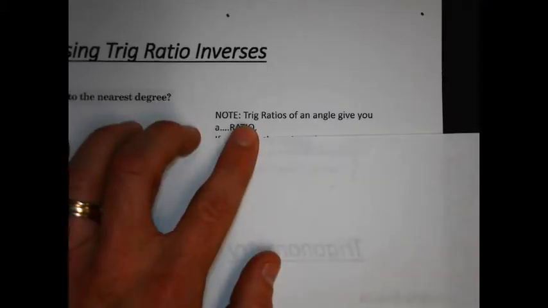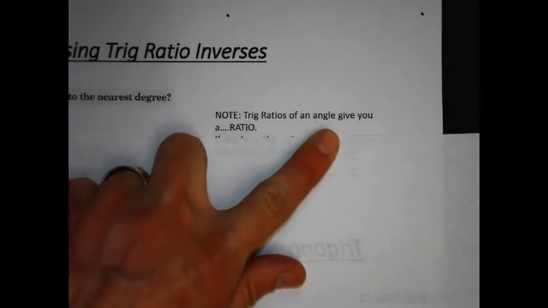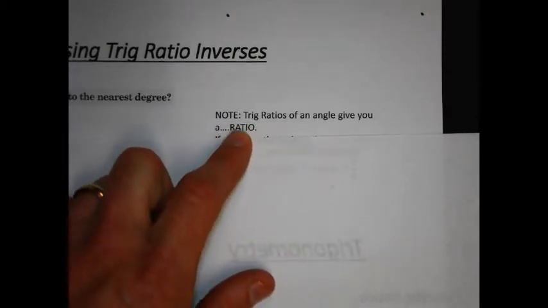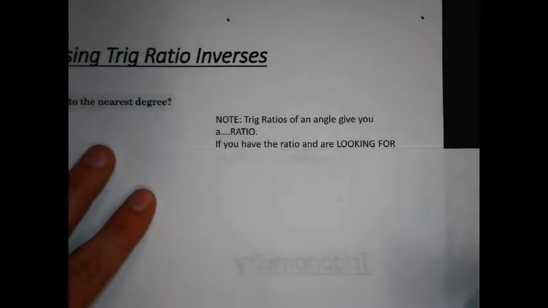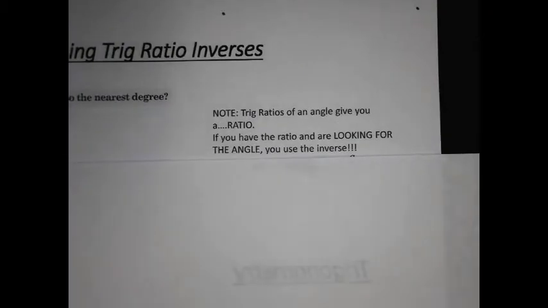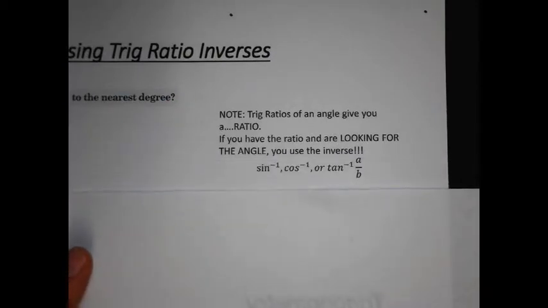Okay, a note. Remember that trig ratios of an angle give you a ratio. You can take the sine of an angle, it gives you a ratio. You can take the cosine of an angle, it gives you a ratio. But if you already have a ratio and are looking for an angle, you use the inverse. What does it look like?